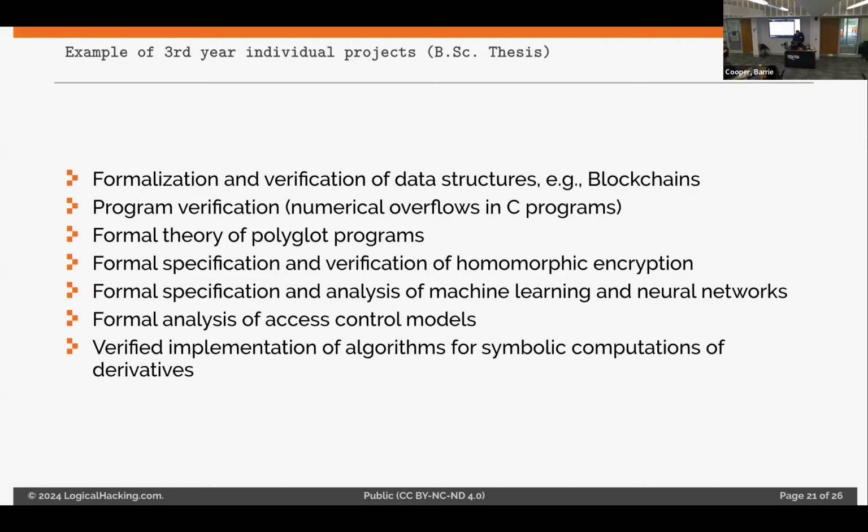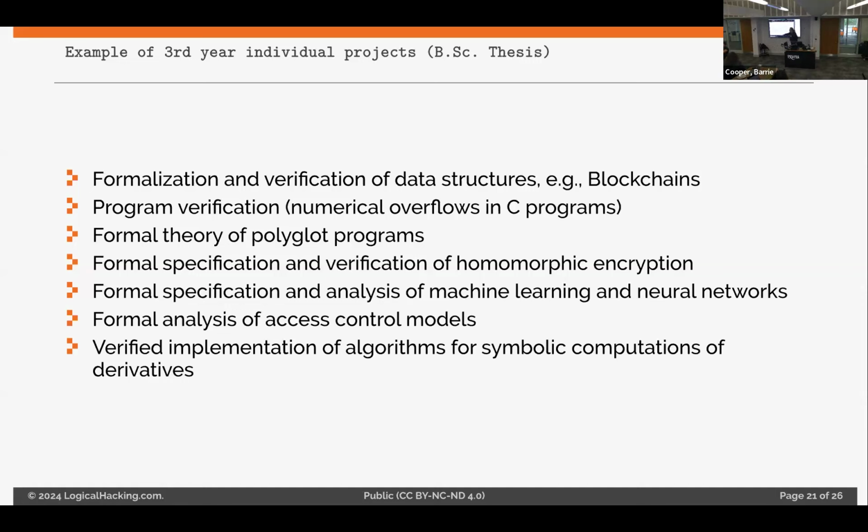And then just to give you an example, what were our students able to do? We had students formalizing and verifying properties over data structures, such as blockchains, always a hot topic with our students. Last year, we had a student doing program verification over C programs, looking at numerical overflows, so bounded integers, what security impacts that has, including finding an issue where a security patch wasn't actually patching the problem in a real-world program, so really nice success.